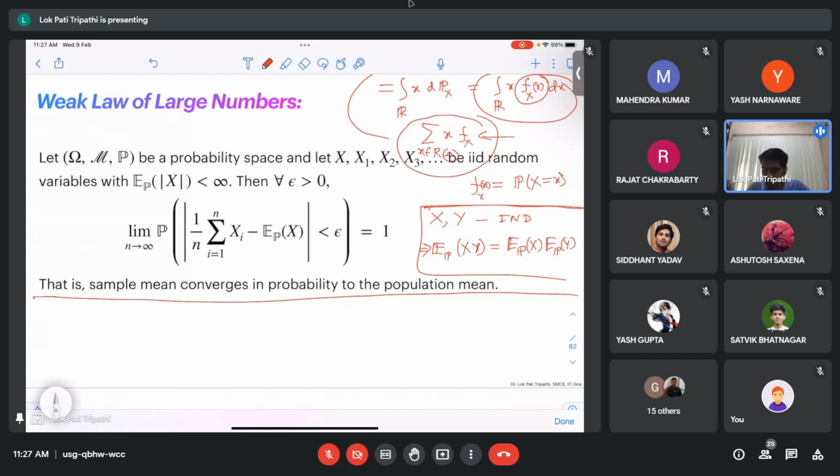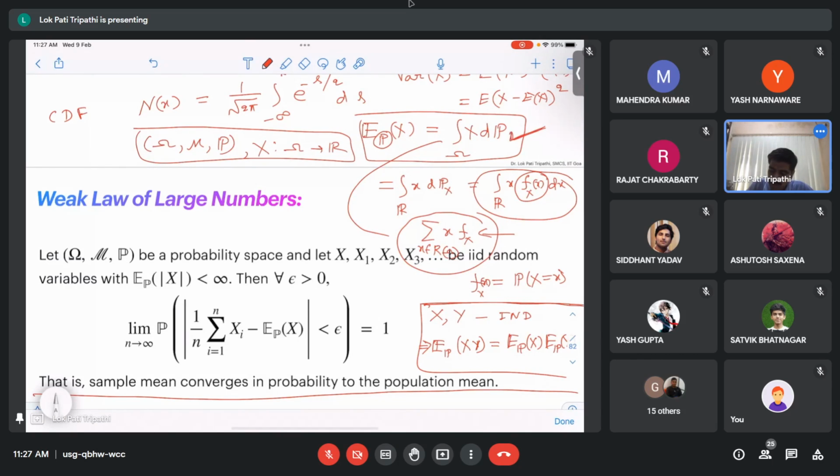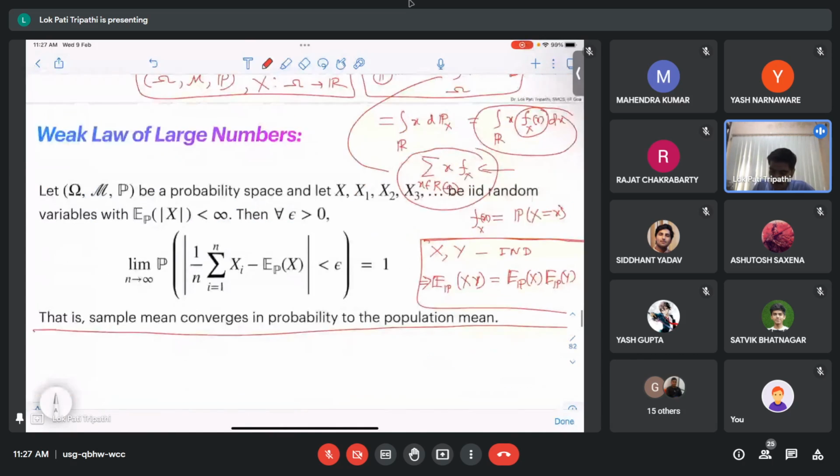Okay, if you want to prove this for any given random variables x and y that are independent, then you need to use this abstract definition. So how have you defined this?